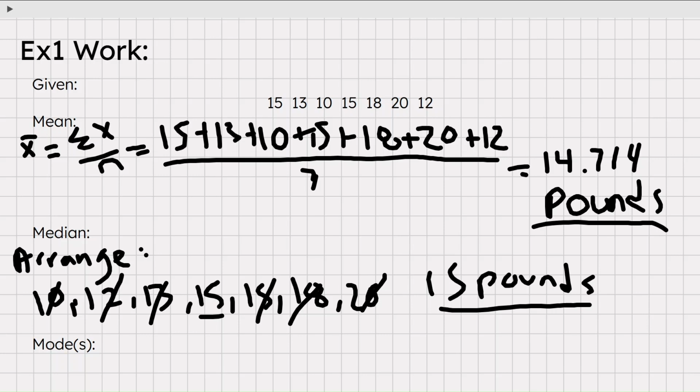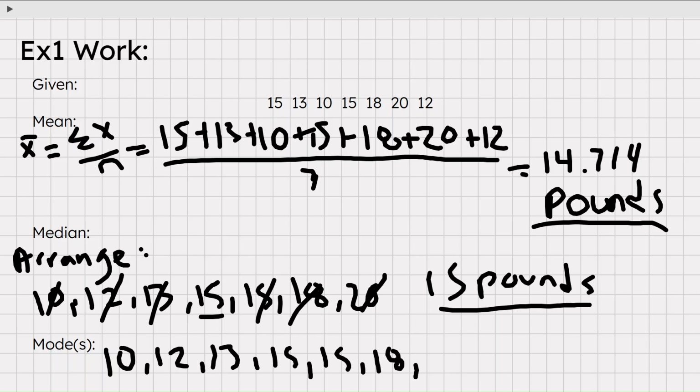Now for the mode or modes, I would like to take the range values and place them down as well, since it's easier to find the most frequent value. So as we can see here, 15 is going to be our most frequent value since it appears twice while everything else appears once.